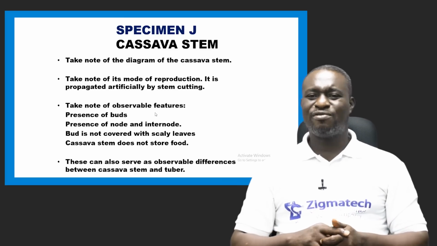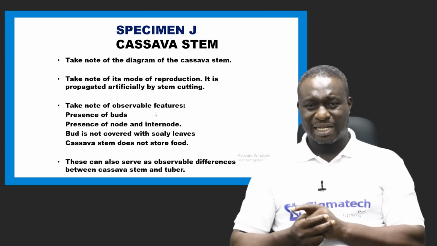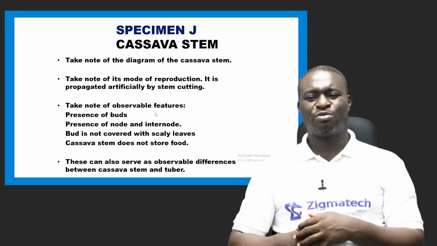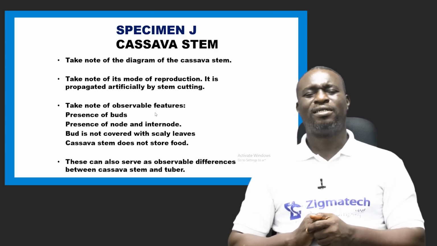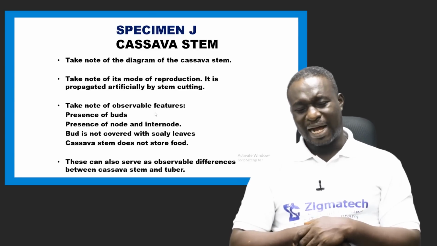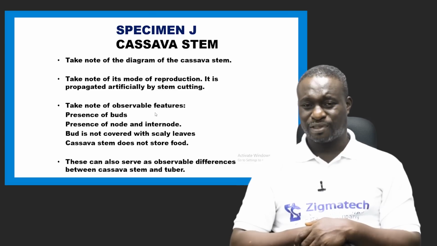But for me, I believe they will not be asking questions on differences between the cassava stem and the tuber. I suspect that they will be asking questions between cassava stem and the ginger rhizome, because both of them are similar somehow. They are both stems, okay?